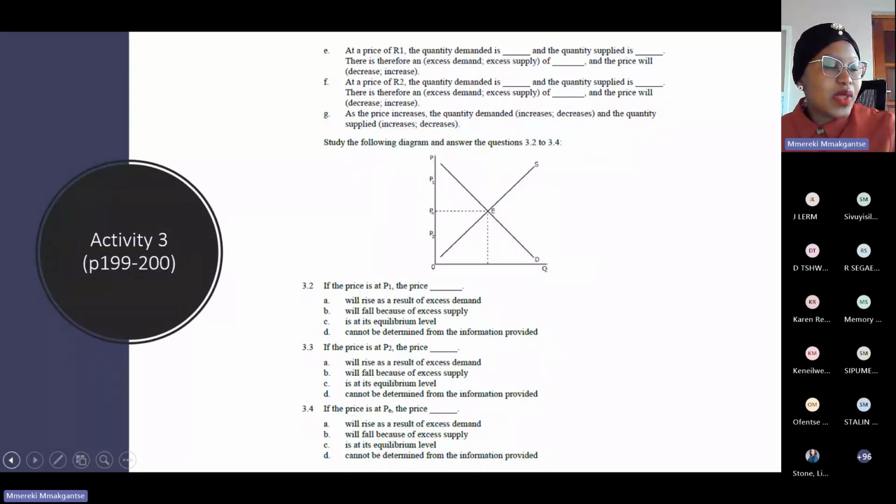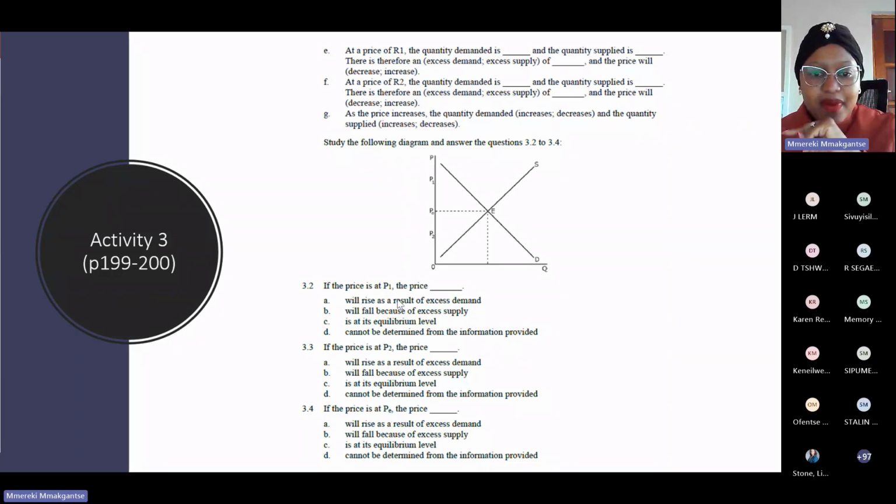Okay. Let's do this one quick. Let's start with 3.2. EFG is the same as the previous one, just different numbers. So if the price is at P1, what will happen?